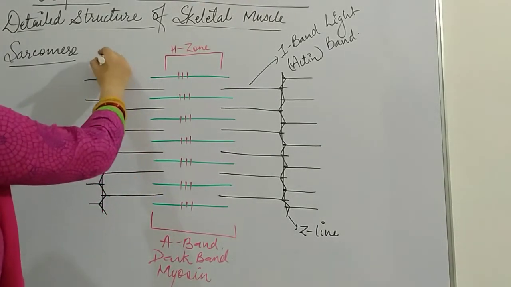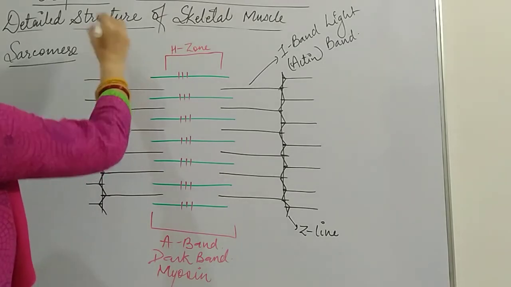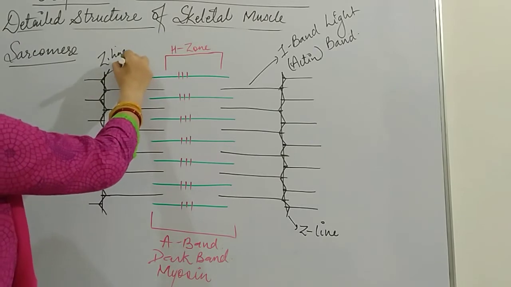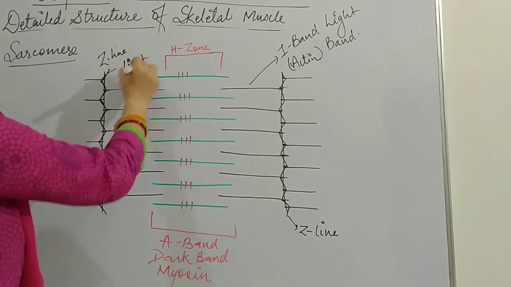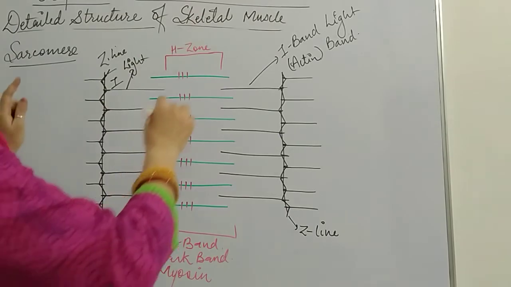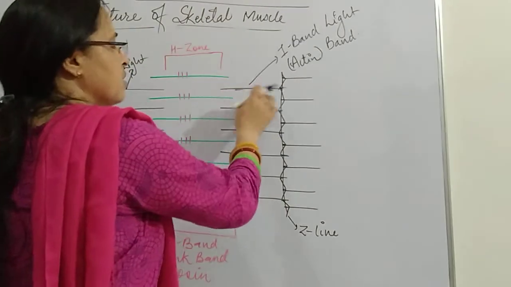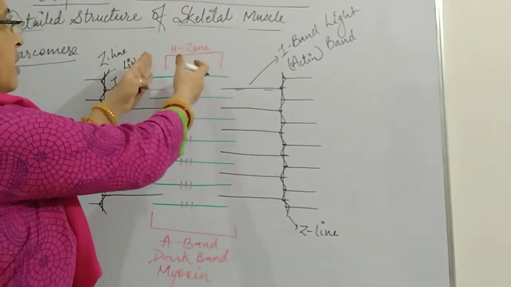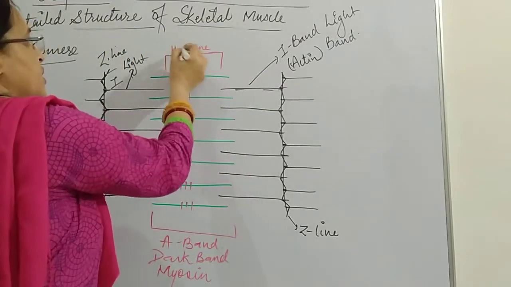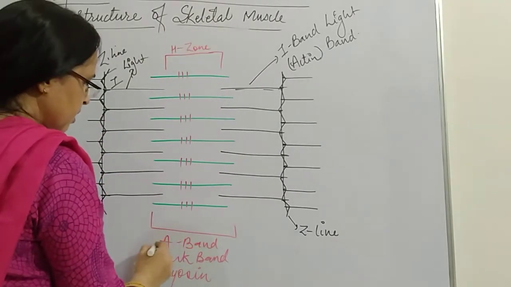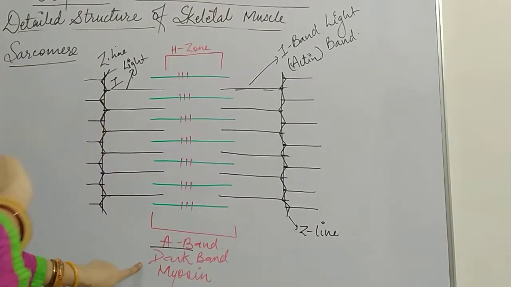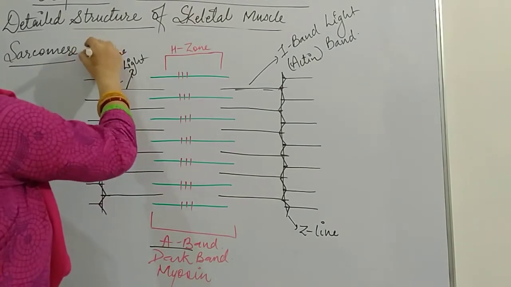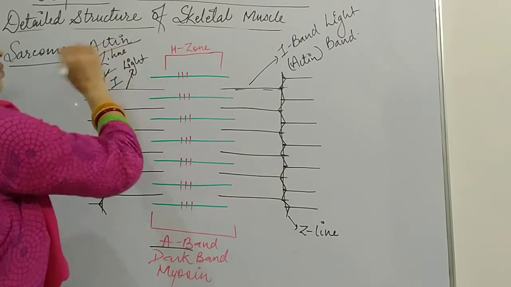So this line we call the Z line, and these regions are the light bands, or we call them I bands. This is also an I band or light band. In between the two I bands there is the A band, the dark band, made up of myosin, and light bands are made up of actin protein.